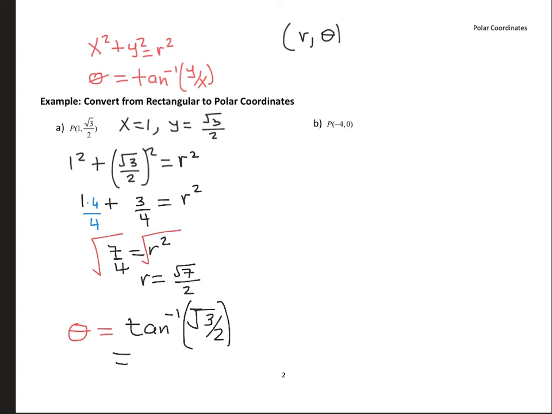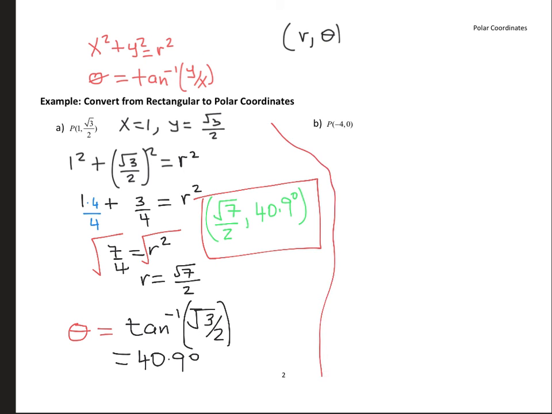Make sure your calculator is in degrees, and I get 40.9 degrees. So my coordinates, let me write my coordinates here in polar form, are going to be square root of 7 over 2 and 40.9. So that's my answer right there.